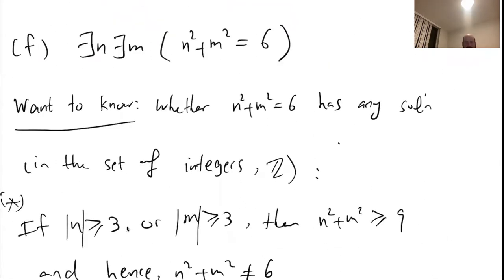We wanted to know whether there exists n and there exists m such that n squared plus m squared equals 6, but we showed that there does not exist any n and m value such that n squared plus m squared equals 6, because this equation has no solution.